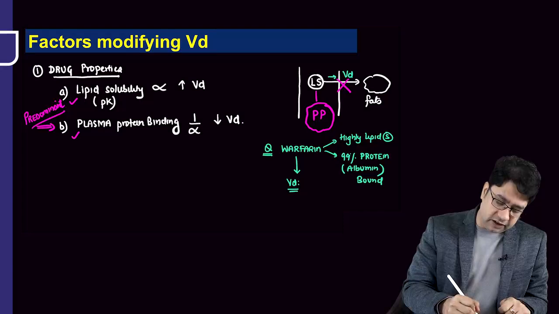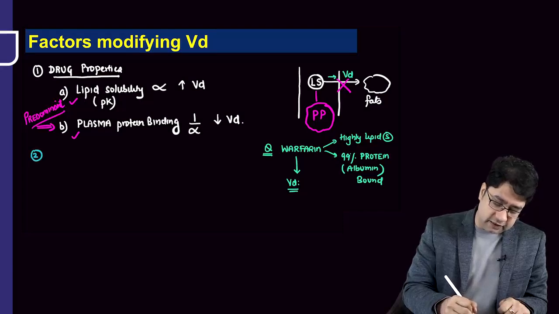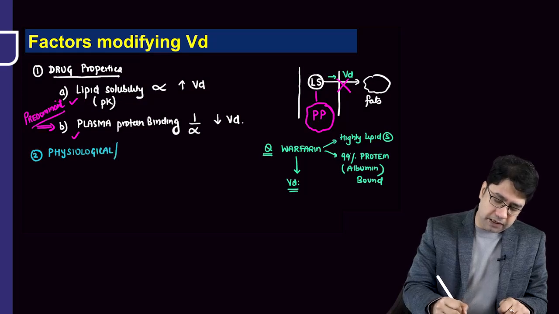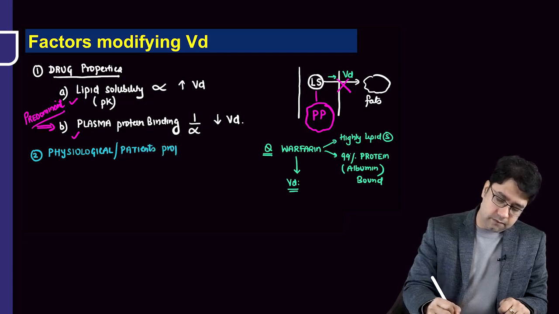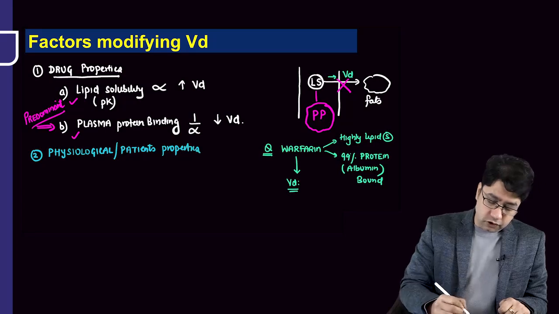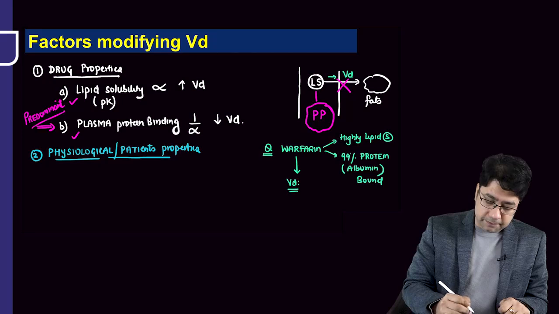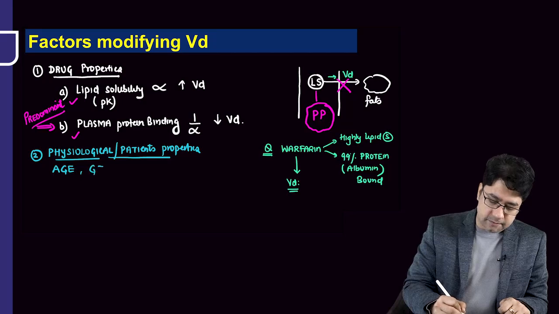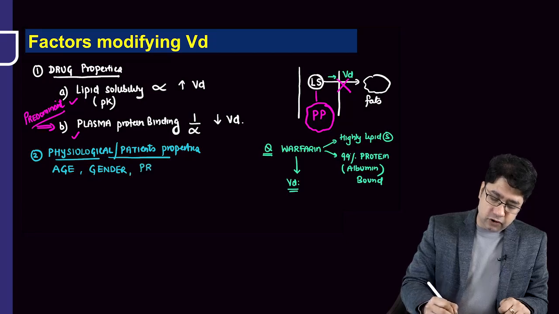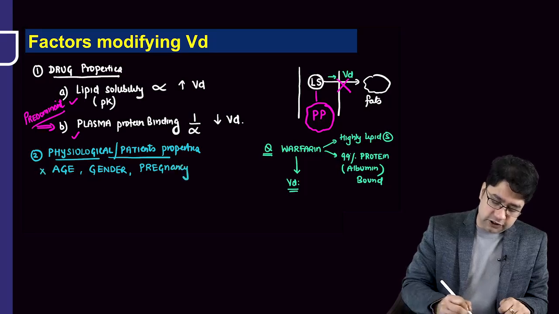Now, the second factor we will write is patient's factors or physiological factors. Volume of distribution depends upon age, gender, and pregnancy.